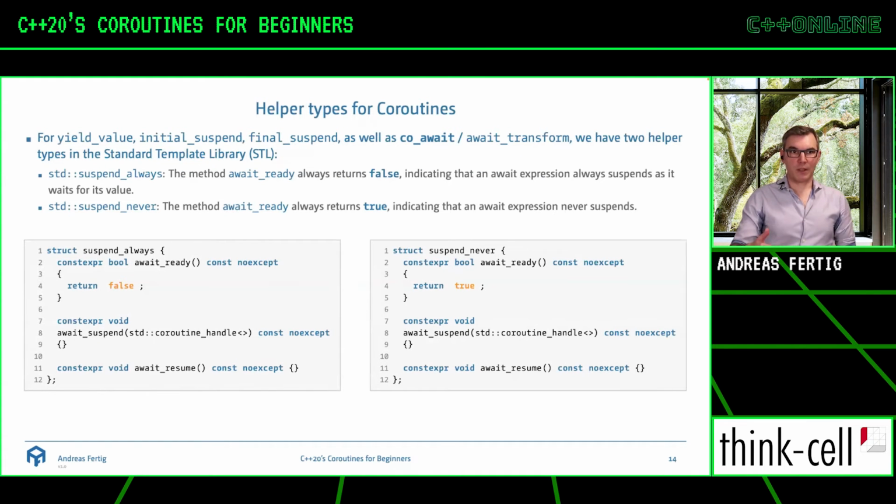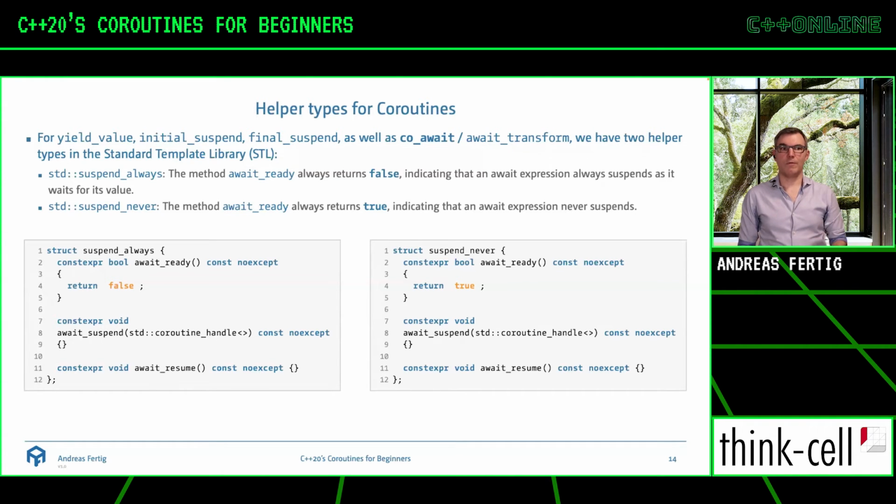A couple of other things here. You've already seen suspend always. It's a new type that's available in the C++20 standard library together with std suspend never. These are the types that usually are returned from yield value, initial suspend, final suspend. The default implementation here for await ready is returning false, and for suspend never, it's returning true.